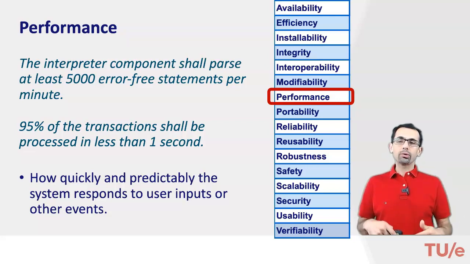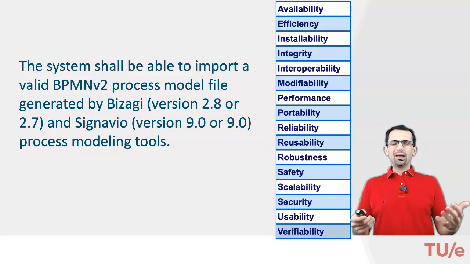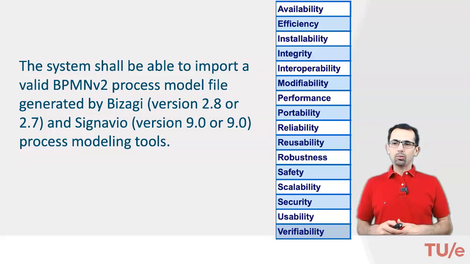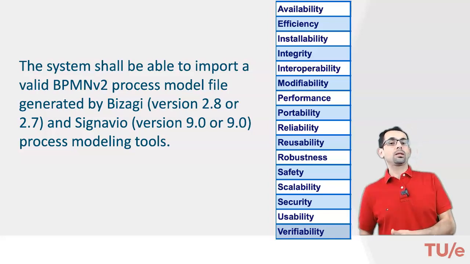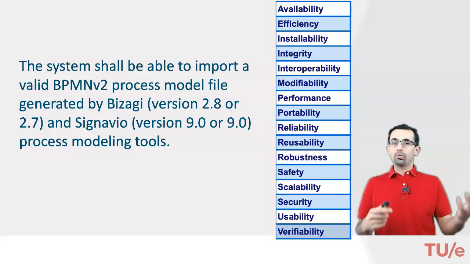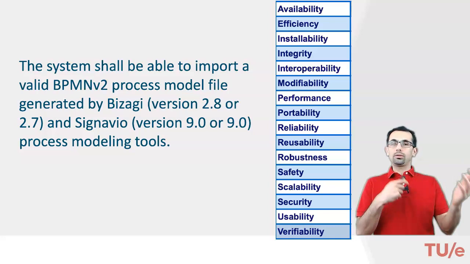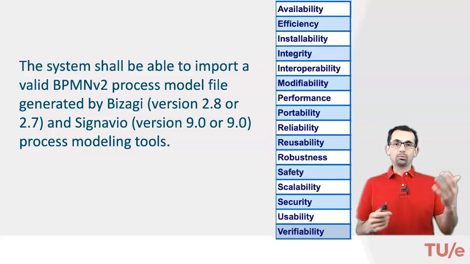I'll go very quickly through each one of these, not all, but the commonly seen ones. The system shall be able to import a valid BPMN version 2 process model file generated by Bizagi version whatever, and Signavio version 9 or whatever process modeling tools. Okay, there's a mistake there, so version 9 and 9.1 perhaps.